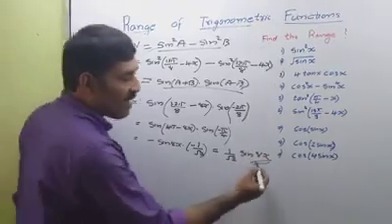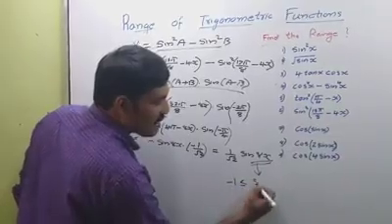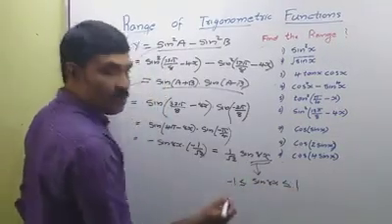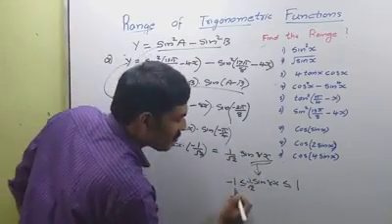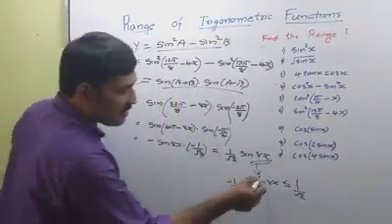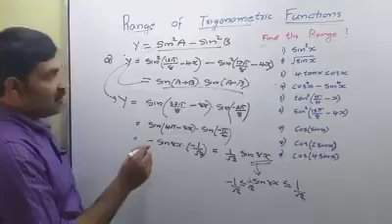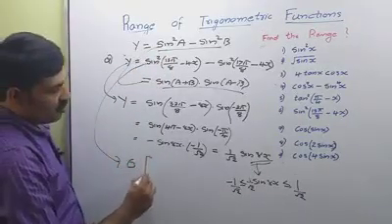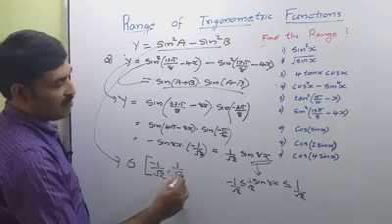We know that minus 1 is less than or equal to sine 8x less than or equal to 1. So multiplying here by 1 by root 2, the range of this function belongs to the closed interval minus 1 by root 2 to 1 by root 2.